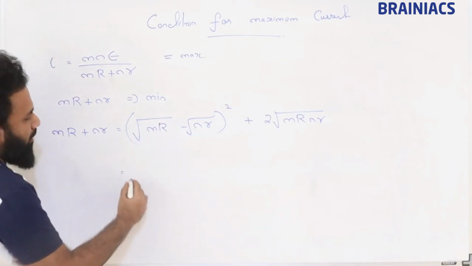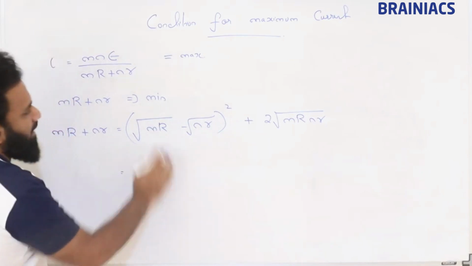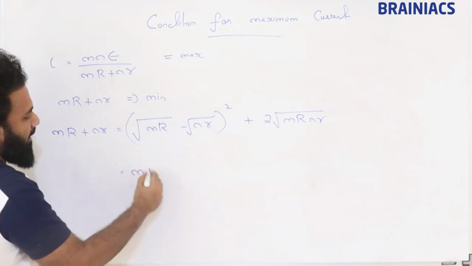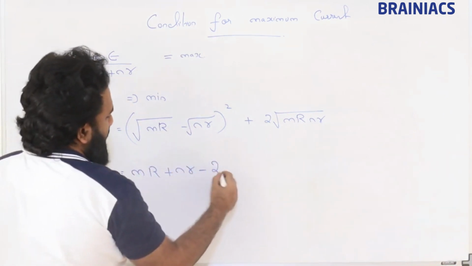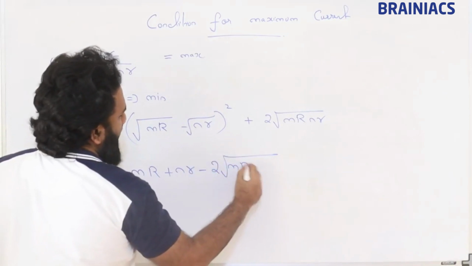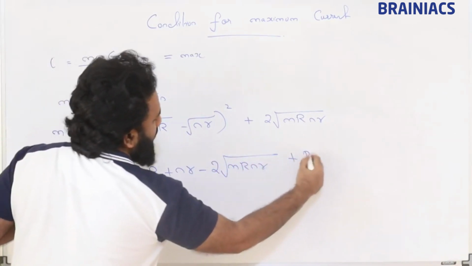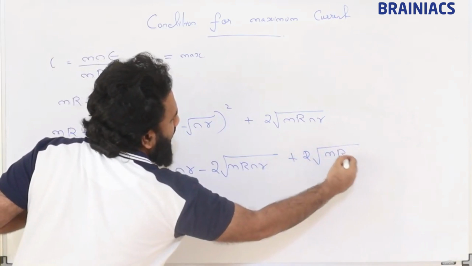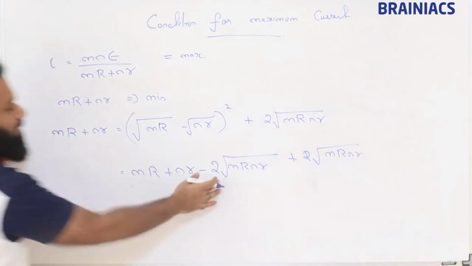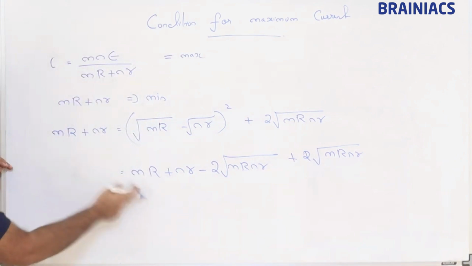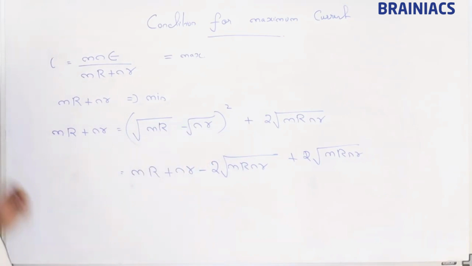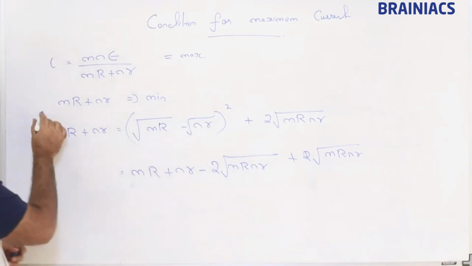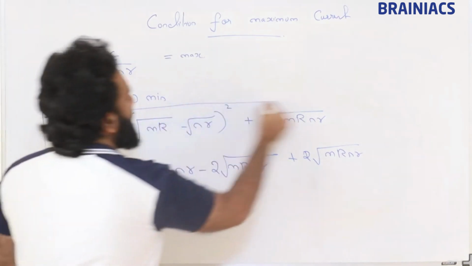This is like (A minus B) all square. So I can write MR plus NR minus 2 root MR NR plus 2 into root MR NR. Now this and this will be cancelled off, both are same. So we can write this term in this way also. Correct? This is the expression which we are concentrating on.